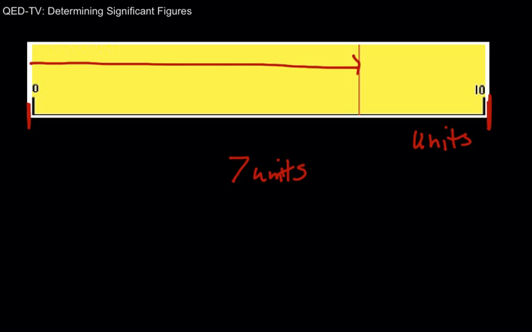So when you say that you think the length of this is 7 units, what you're really saying is that you think it's somewhere in a range of plus 1 and minus 1 around that measurement. If this is 7 units, you're fairly confident that it's somewhere between 6 units and 8 units, one above and one below.